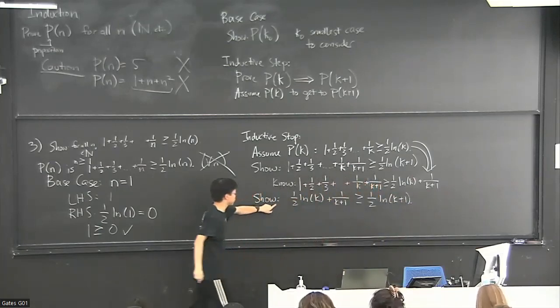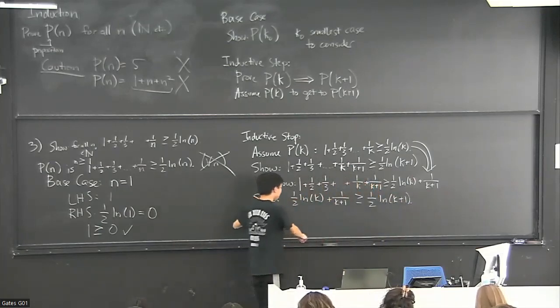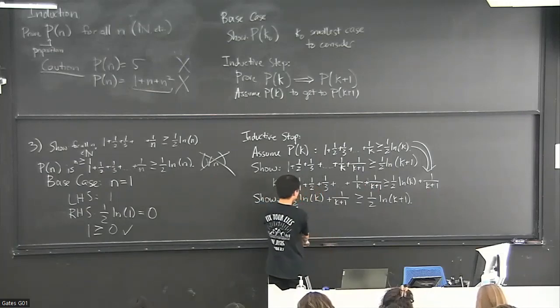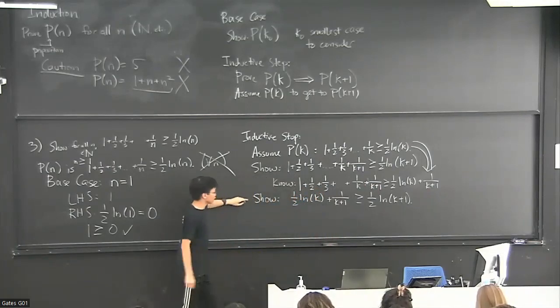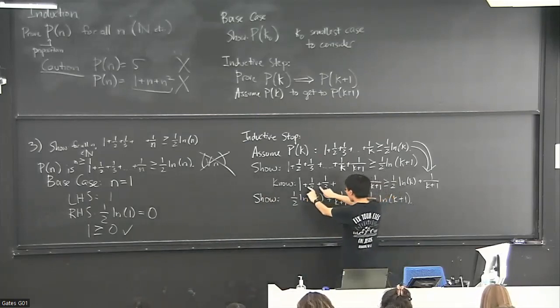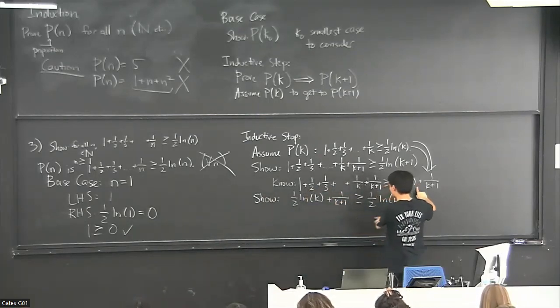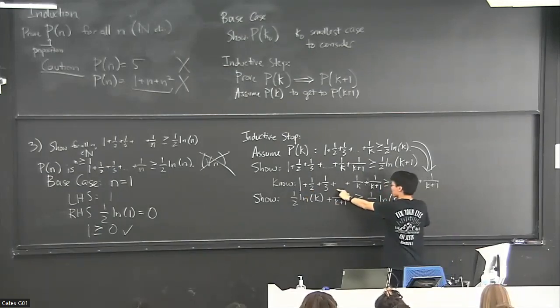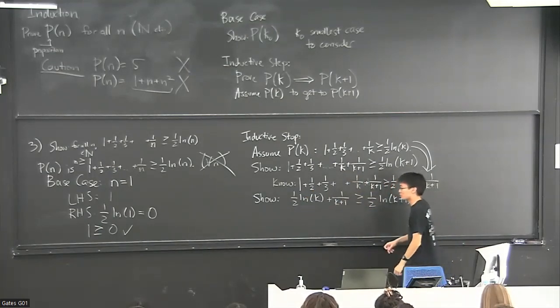This is my new goal. If I can get here, that means this is bigger than this is bigger than this, therefore this is bigger than this, which is exactly what I want to show.